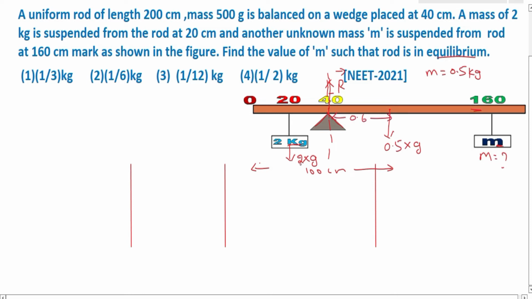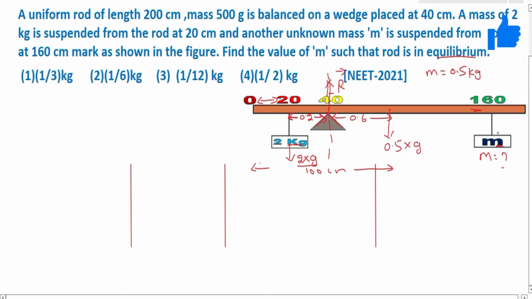Similarly, this 2g Newton force will act at a distance of 0.2 meters from my axis, because this distance is 20 centimeters and this entire distance is 40 centimeters, so this distance will be 0.2 meters.